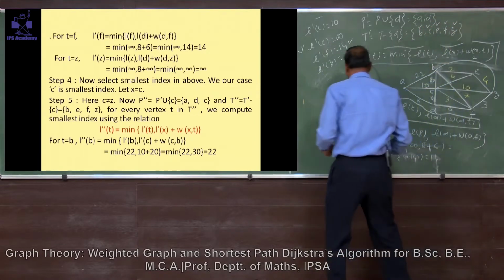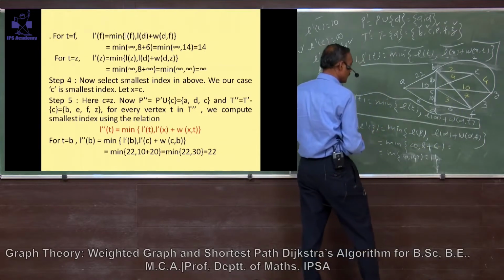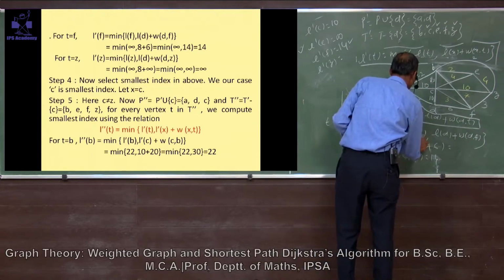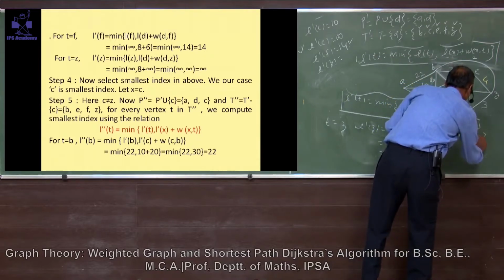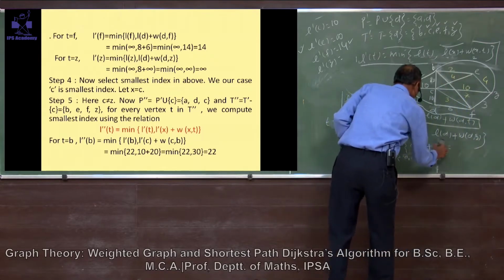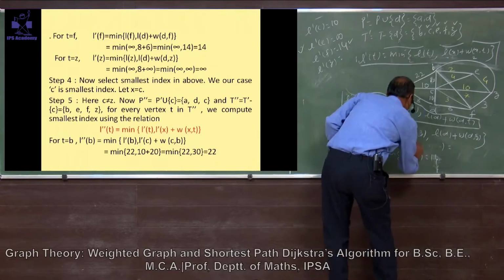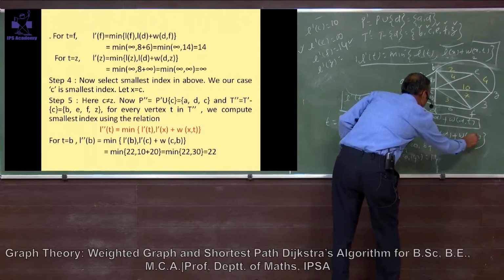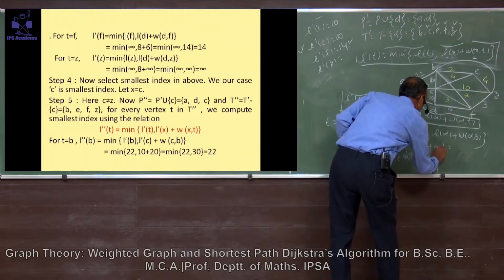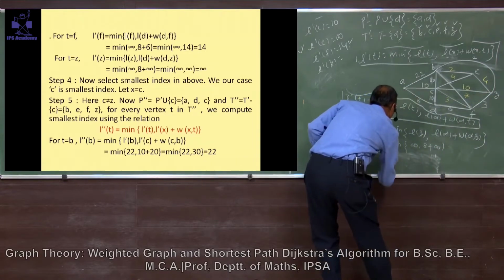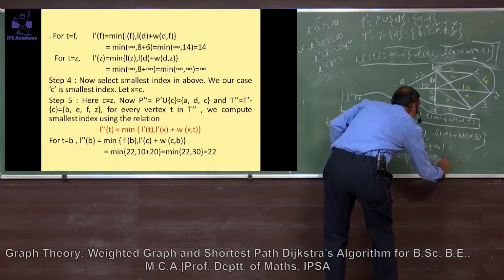Now Z. So T equals Z. So L dash Z equals the minimum of L of Z, or L of D plus W of D, comma Z. In the previous slide, L of Z is infinity, and L of D is 8, plus W of D, comma Z. They are not directly connected, so we put infinity. This will be the minimum of infinity, comma infinity, and it is always infinity.